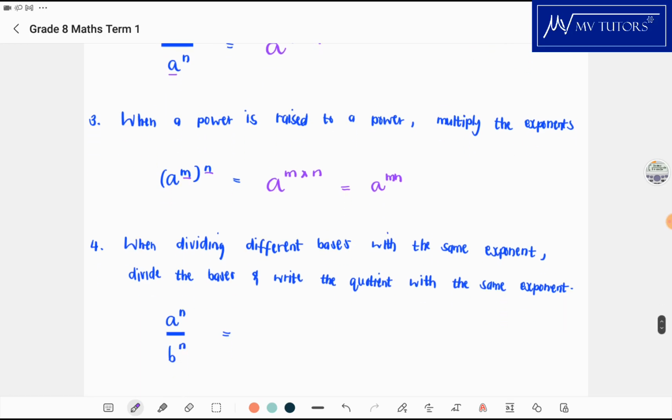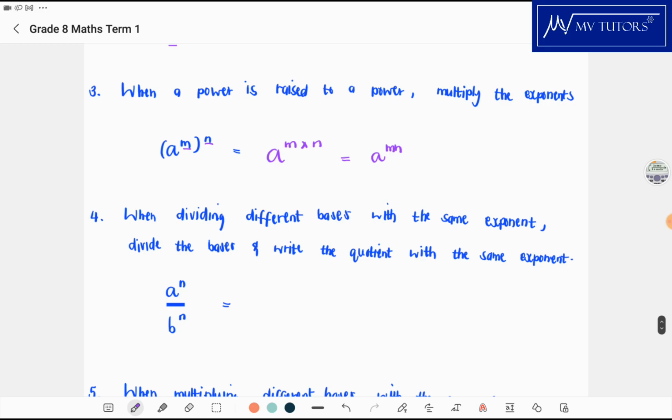Now 4, when dividing different bases with the same exponent. Okay, so we can see we have the same exponent n. Divide the bases, and write the quotient. So the quotient is a over b.